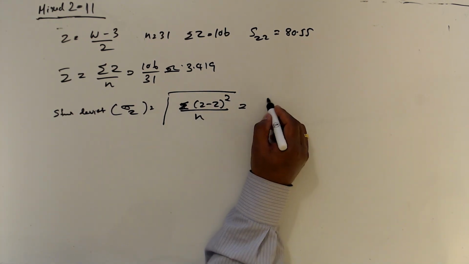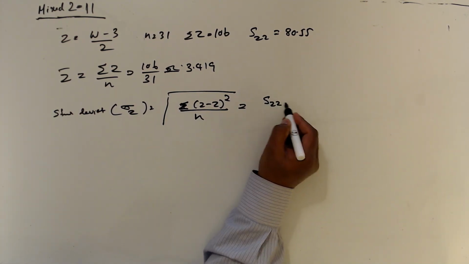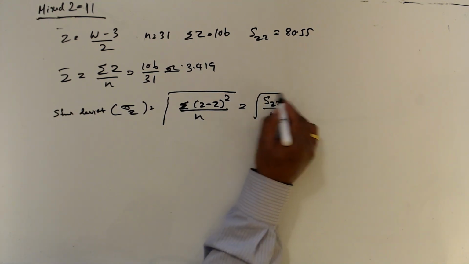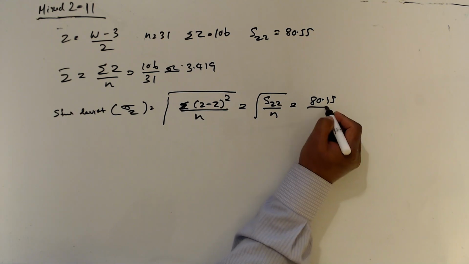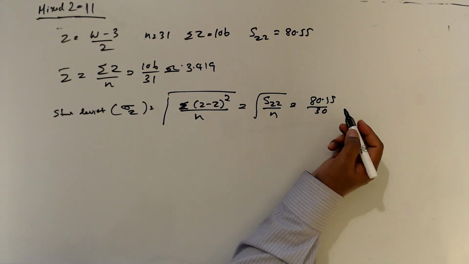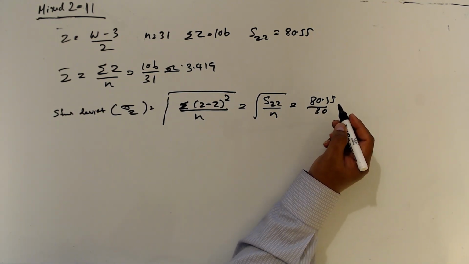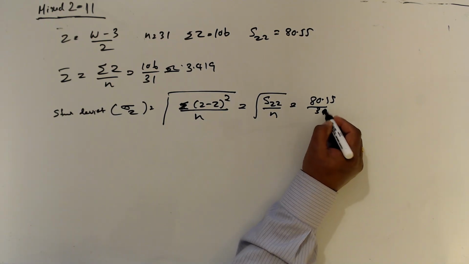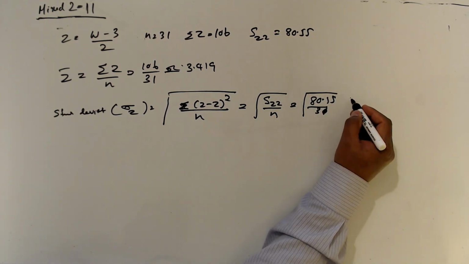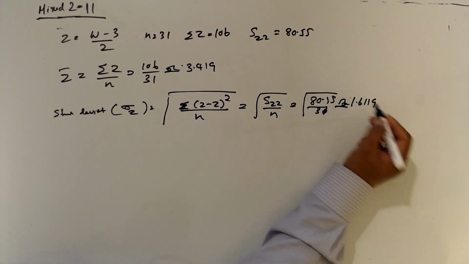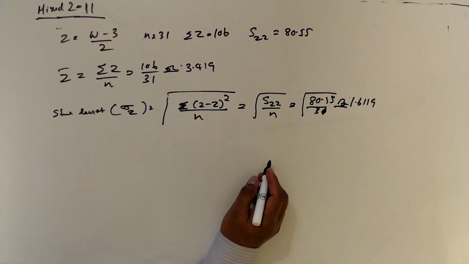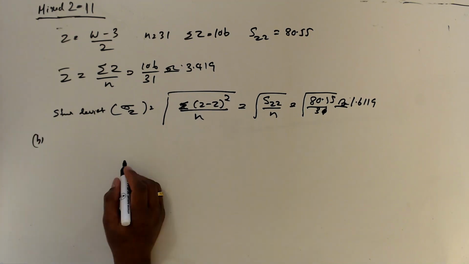So this is going to be Szz over n. So Szz is 80.55 over 31. So this is going to be 1.6119 approximately.